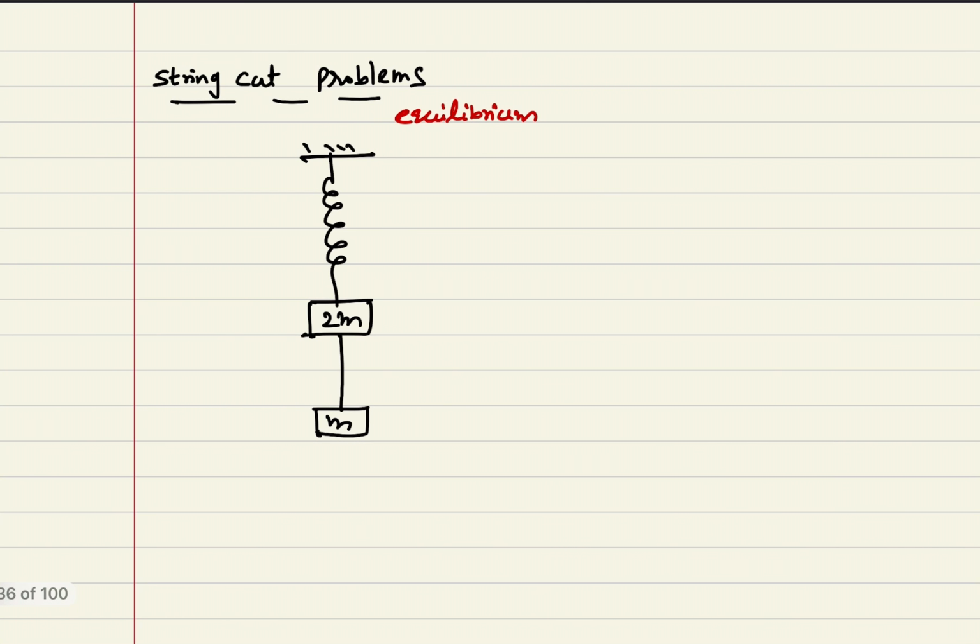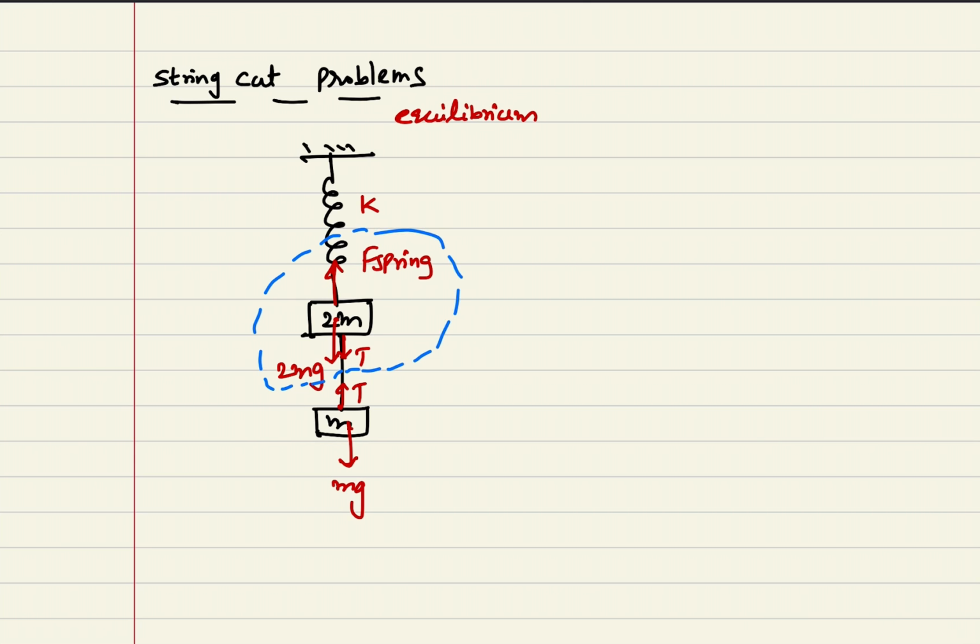If it is in equilibrium, we can see that the spring has spring constant k. At equilibrium, you can take that mg and the tension is acting in the upward direction. The same tension will be acting in the downward direction, and 2mg will be acting downward. F spring will be acting in the upward direction. If I take the 2m body, I can write it, similarly for the m body.